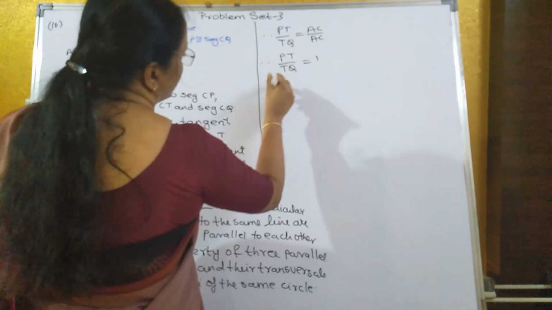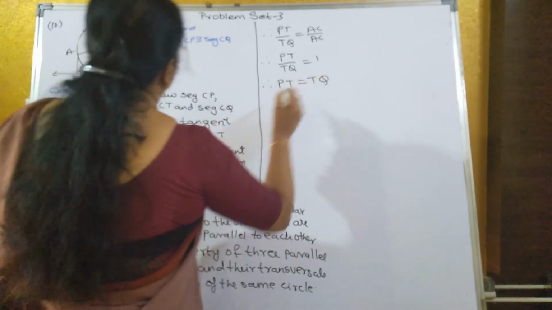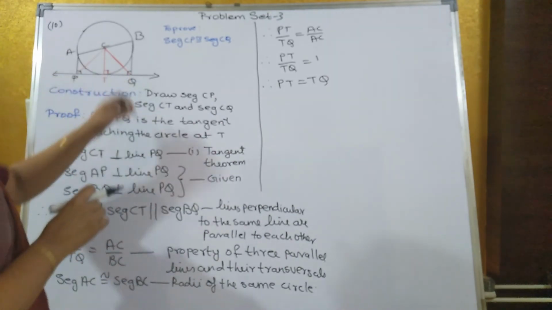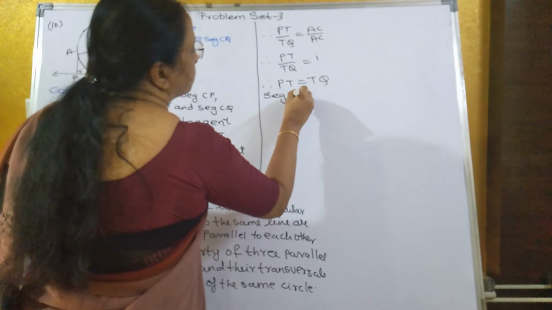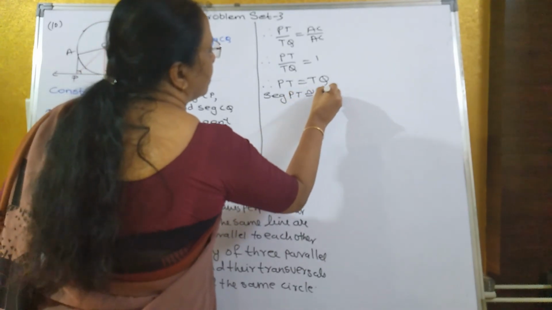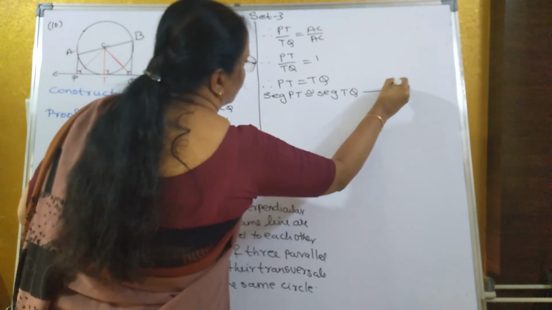Take this TQ on the other side, you will get PT is equal to TQ. That means PT and TQ are equal. So seg PT is congruent to seg TQ. Let us take this as 2.